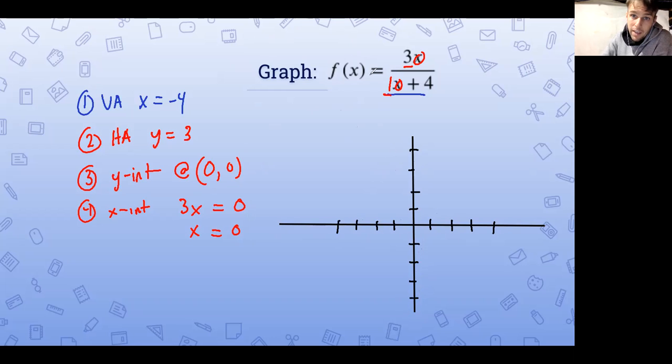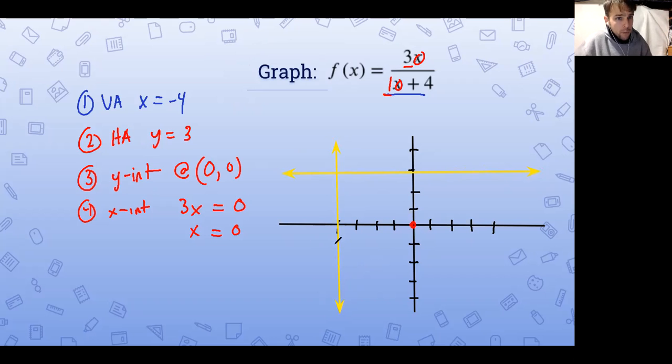We want a sketch. So that's what I'm doing here. I've got a vertical asymptote at x equals -4, so that's right here, a vertical line right there. Horizontal asymptote at y equals 3. We do know there is an x-intercept and a y-intercept at 0, 0. So there's a point right there.